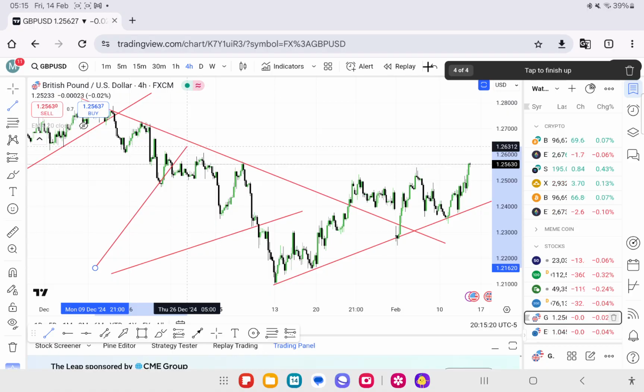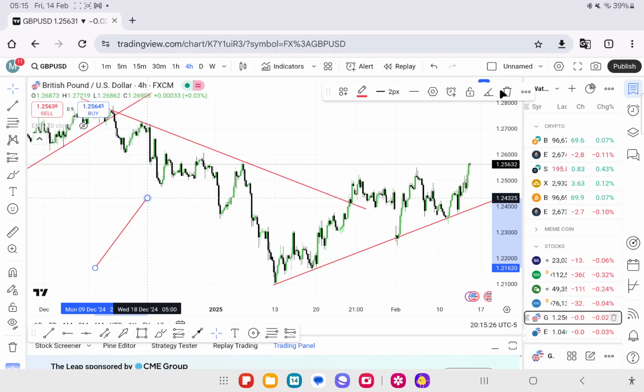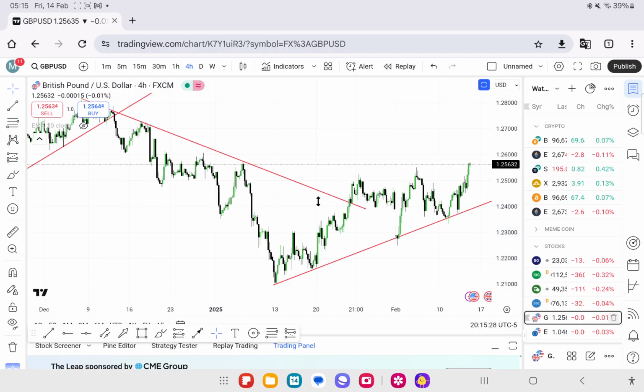We can take an example, as we have drawn these trend lines as well. For example, here this is a very valid trend line, and it is sustaining for a very long time.